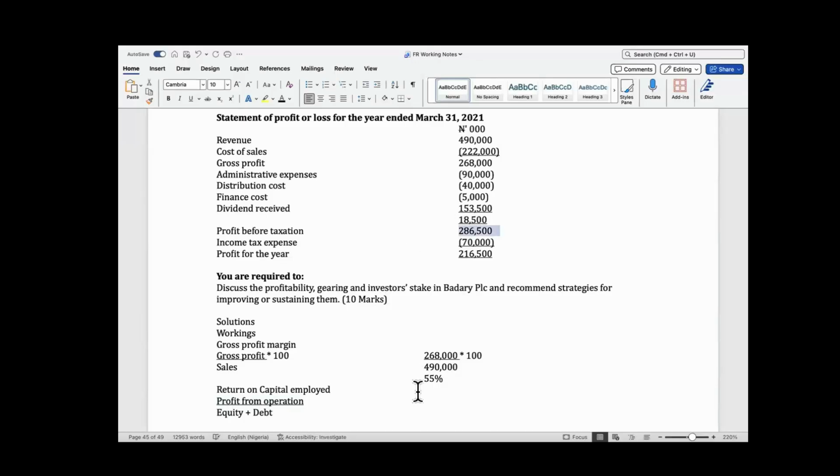That will be PBT, which is 286,500, less dividend received, which I need to remove, plus I need to add back the finance cost.